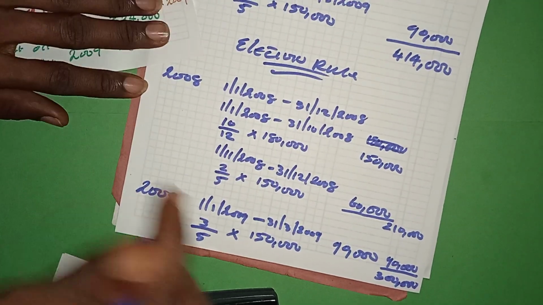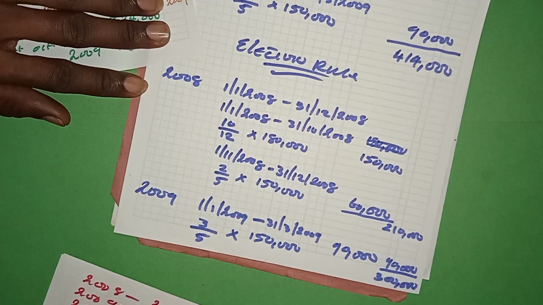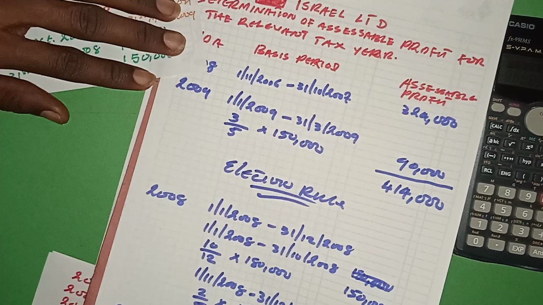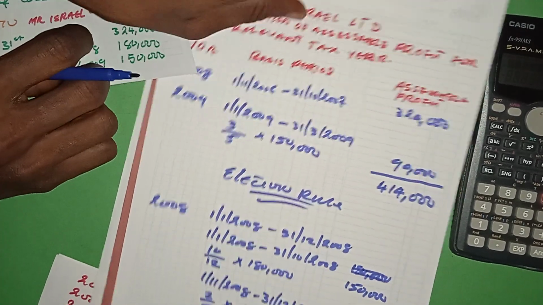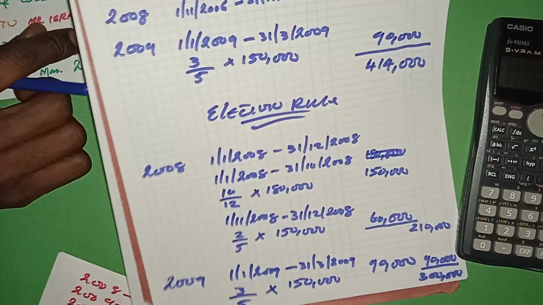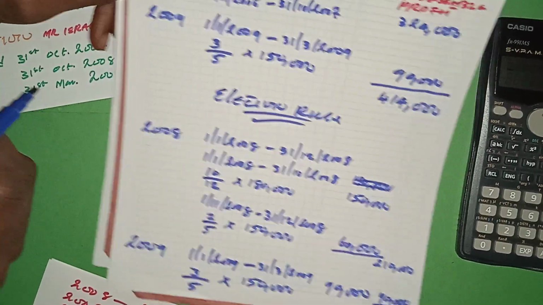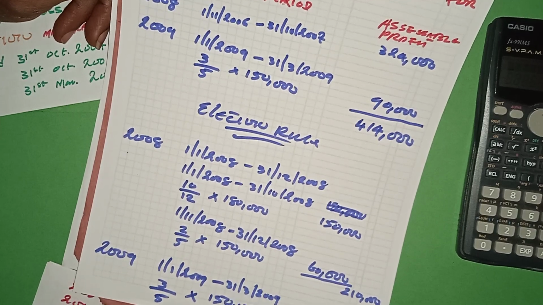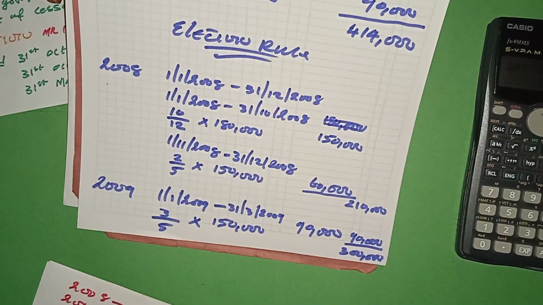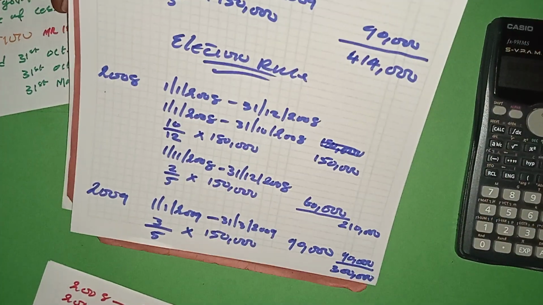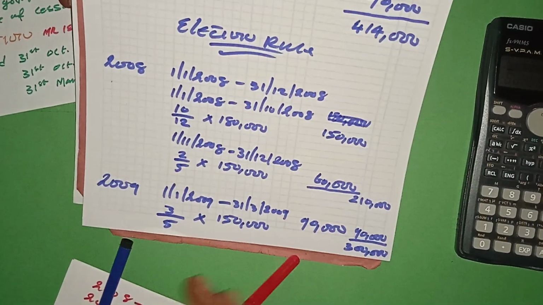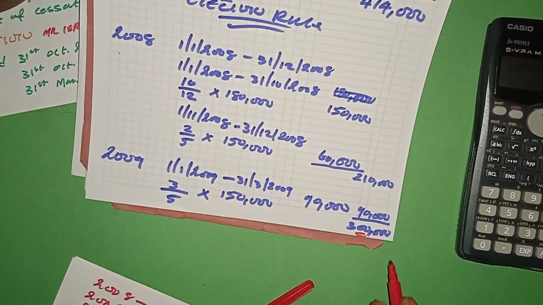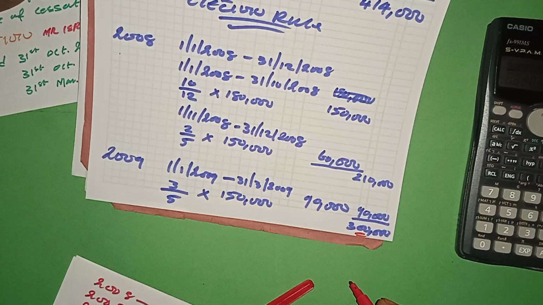Now, this is the election rule. This is what the election rule is giving us. And this is what the original assessment is giving us. So the tax authority will now say, okay, the first one gave us 414,000, and the election rule we apply is giving us this amount, 300,000.